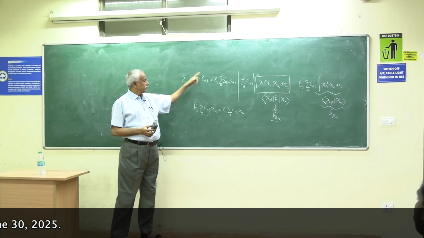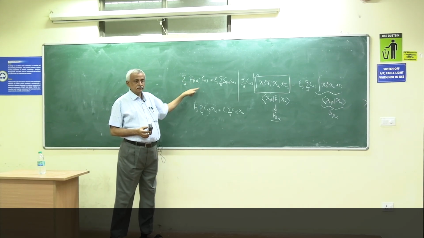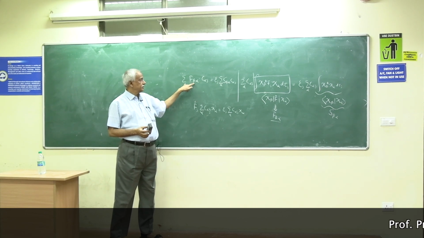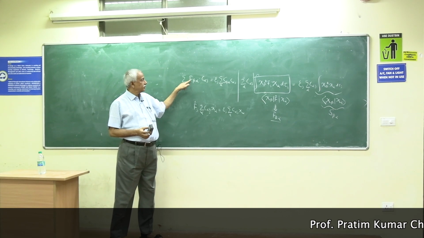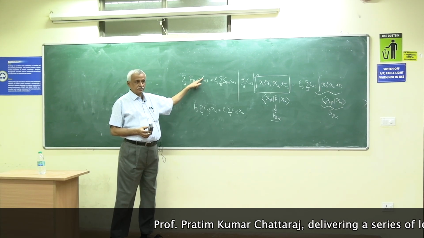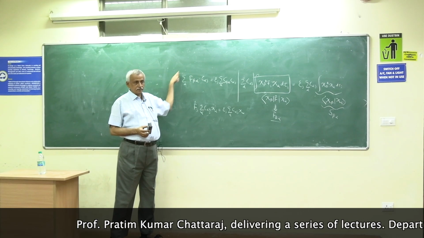But can you tell what this is? This is the βα matrix element of the F operator. This is the αj matrix element of the C matrix. What is this quantity?